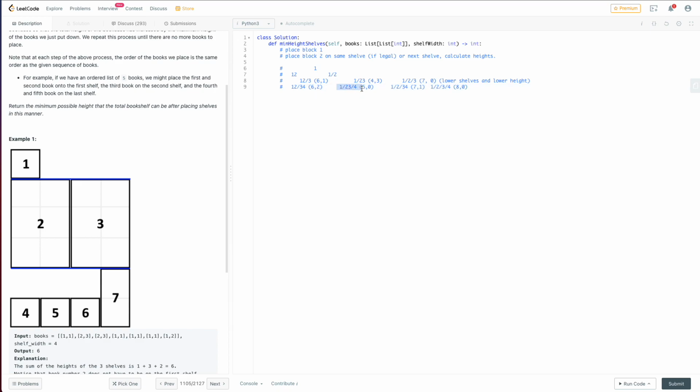So this 5, 0 can kill this. It can also kill this. And it can also kill this, actually.